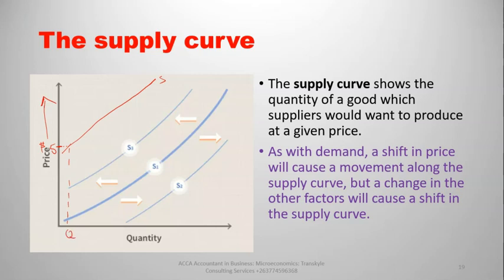But as the price gets to, let's say, $10, the suppliers are now supplying more goods. Quantities being supplied increases. Are we together? So this is why the supply curve is upward sloping.